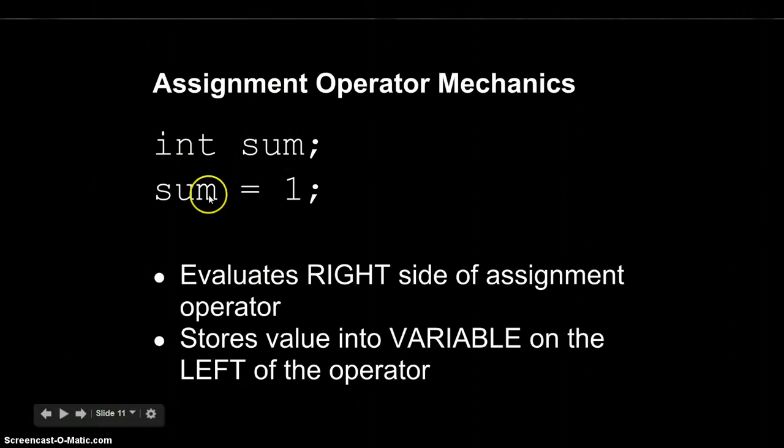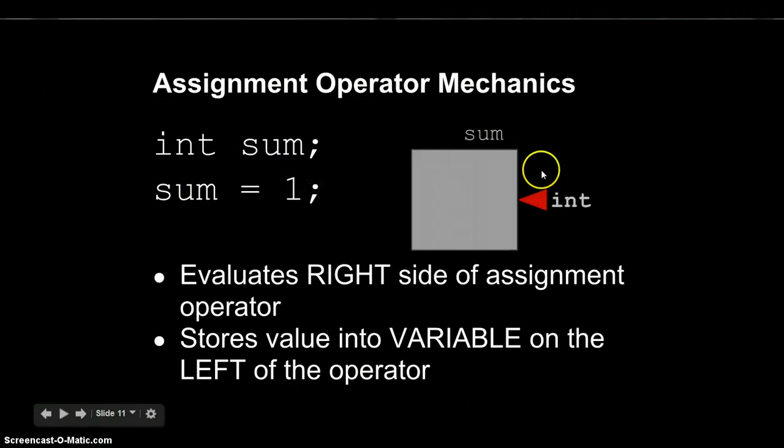And now, here's the important part that we care about right now. Okay, so we've made this place to store integers, and it's named sum. So what the assignment operator is going to do is it's going to evaluate the right side of it. So in this case, it's just going to evaluate to be 1, and then store that value into the variable, and this must be a variable.